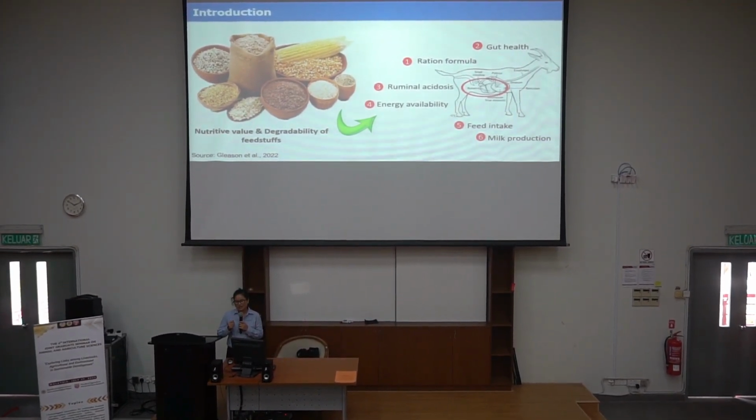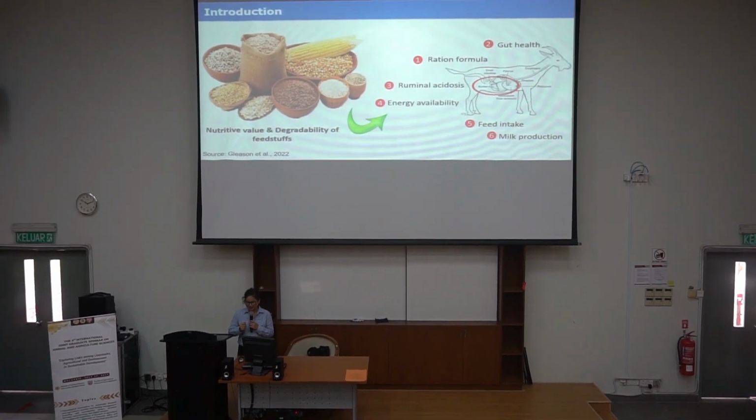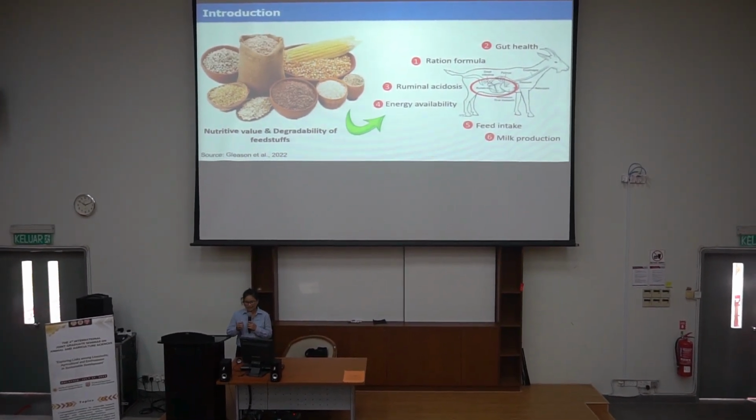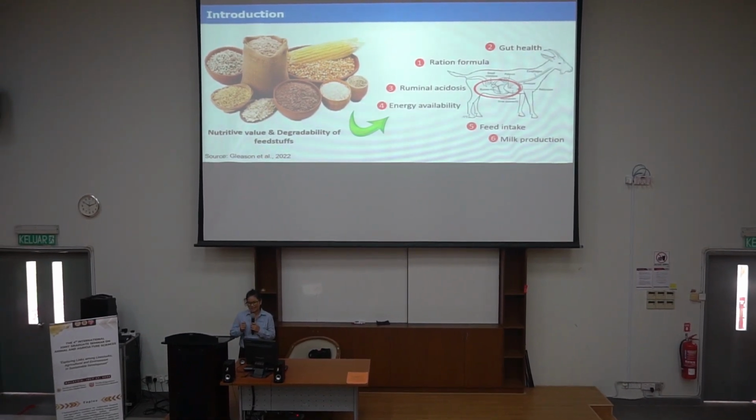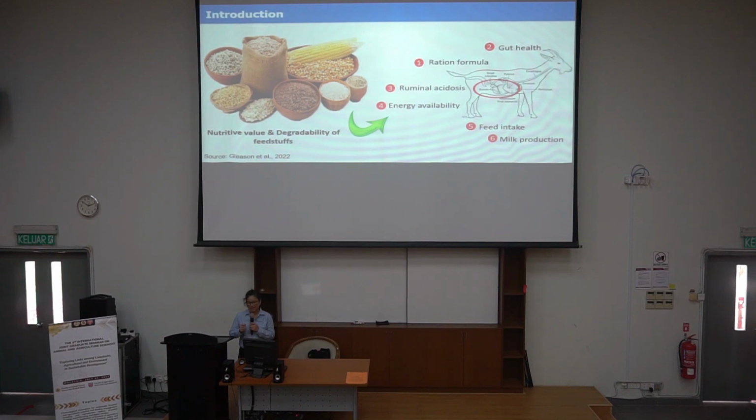The first reason is related to the ration and the formulation. The second benefit is related to gut health, and the third is related to ruminal acidosis, and also energy availability, and also feed intake, and the last one is related to milk production.